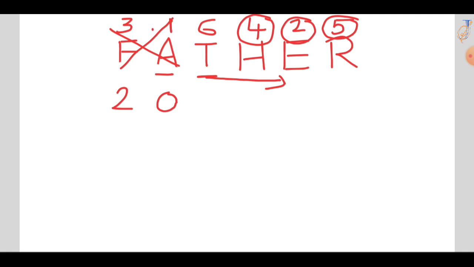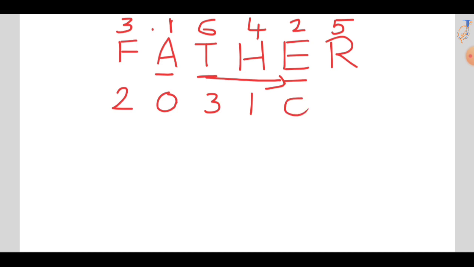So we have 3 ranks. Write number 3. Then move to H. It has 4. Now count how many letters have a lower rank than H. Only 1, so just write 1. Then go with E. It has 2. Lower than 2 we don't have, so just write 0. And move to R. A lower number than 5 we don't have, so write 0 here.